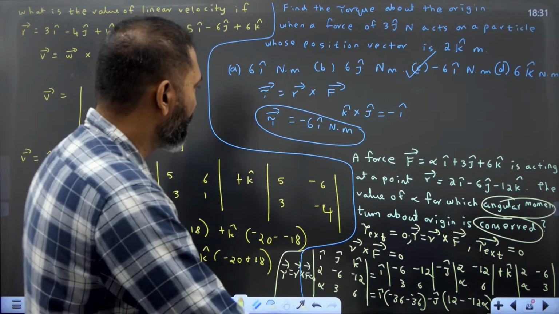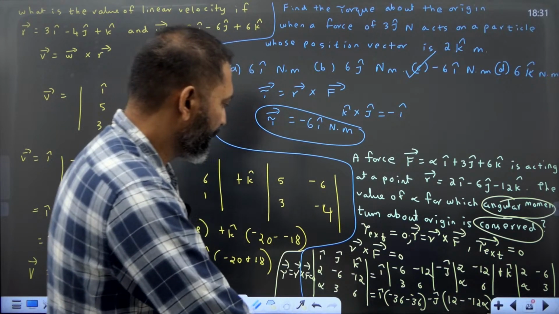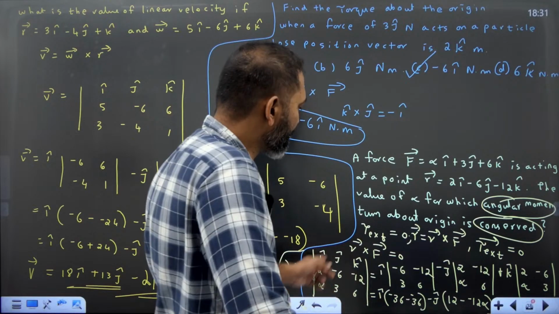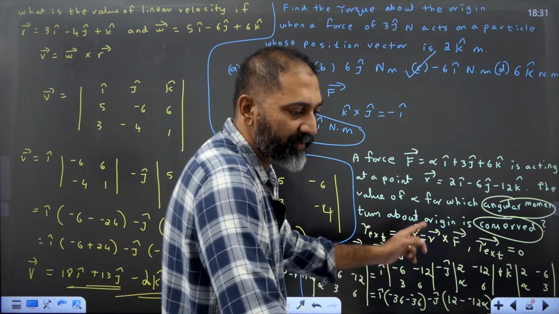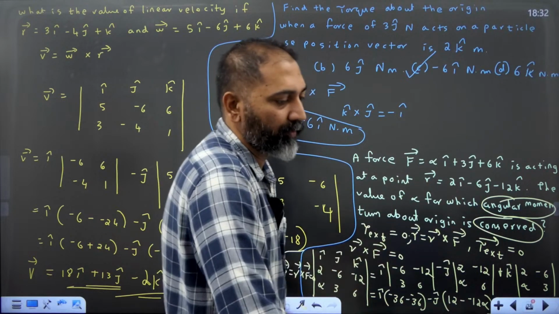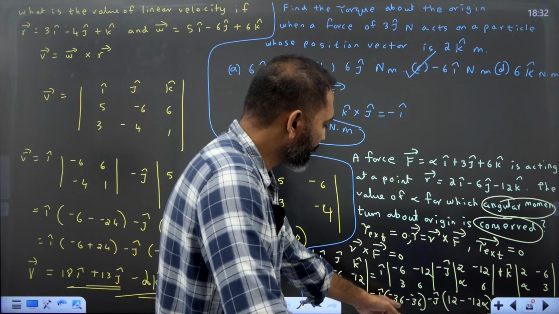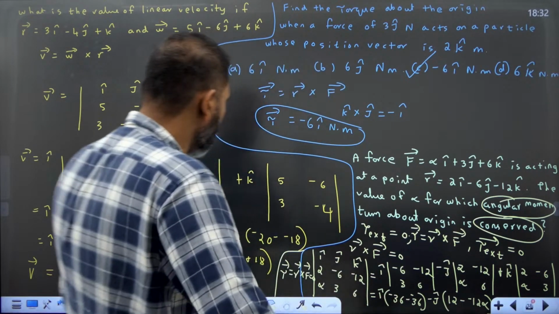Understood? Because external torque 0 means all the coefficients of I cap, j cap, k cap should be 0.